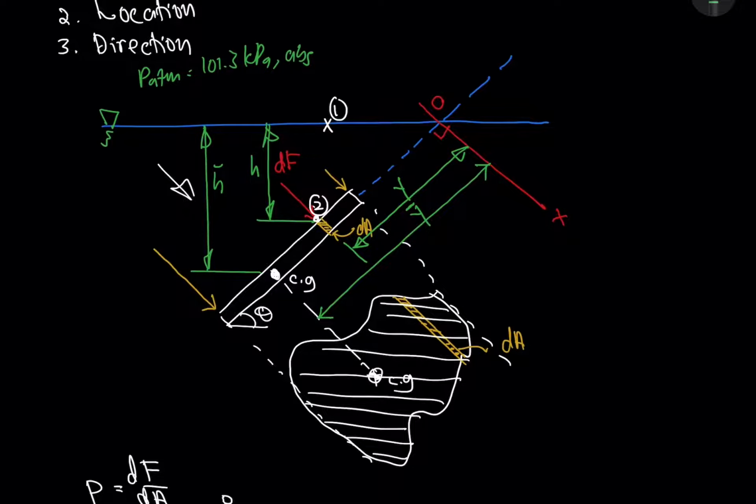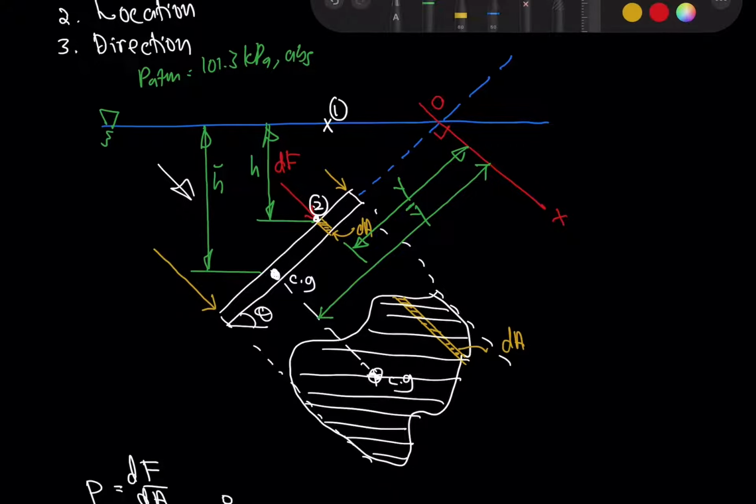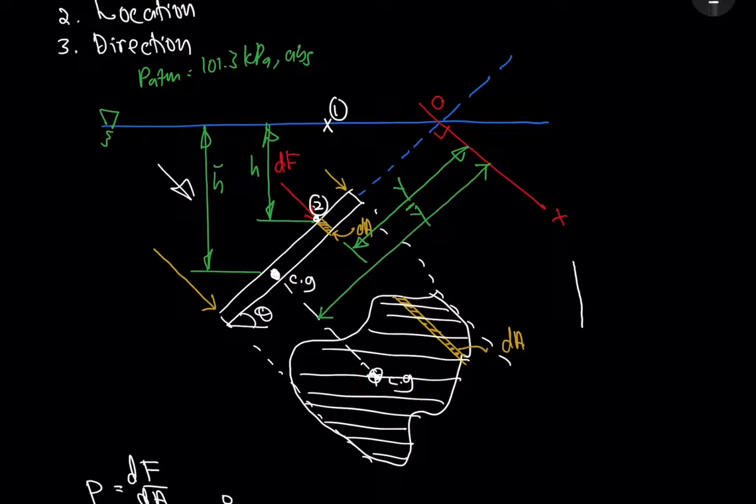From the diagram there, if I draw it, you will agree we have this line, and then we have that blue line at the top, and then this another line. This is what we call the point of CG. When you measure to the line OX here, the distance is y bar, while from the CG to the free surface here, we call it h bar, and the angle here is theta.